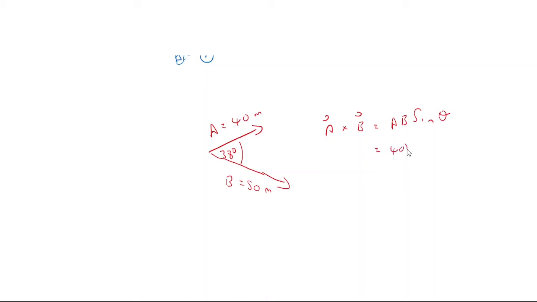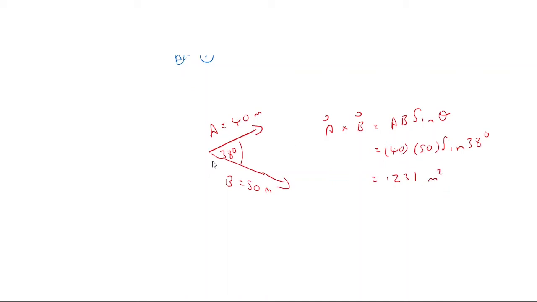A is 40, B is 50, and the angle between the two vectors is 38 degrees. So you find that this is equal to 40 times 50 times sine of 38, and this is going to be 1,231 meters squared.